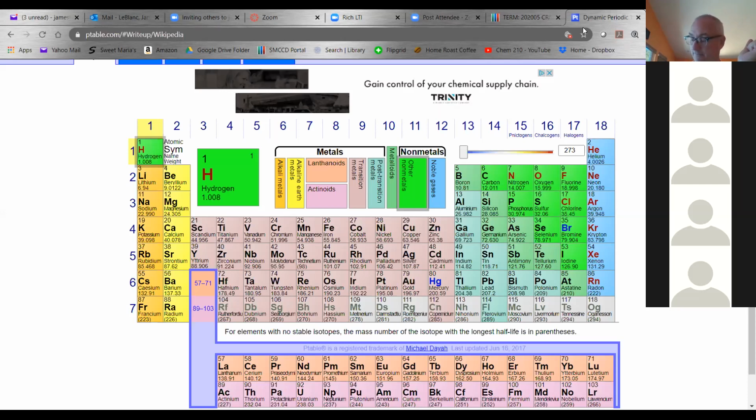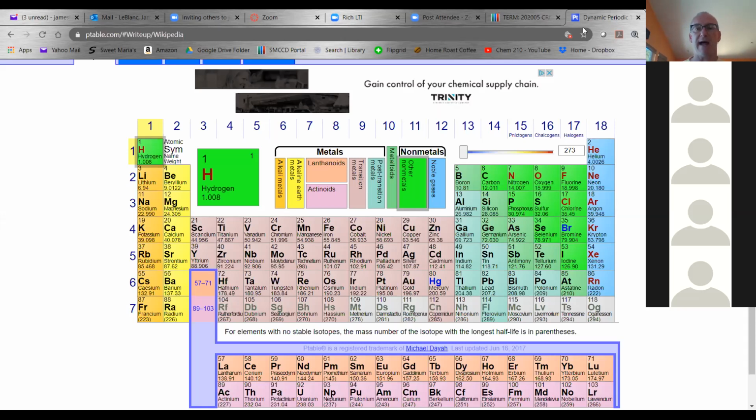Argon. Argon, right, a noble gas. How many neutrons does it have? It has 20. So it has 18 protons and 20 neutrons. What's its atomic mass? 38, that's right.